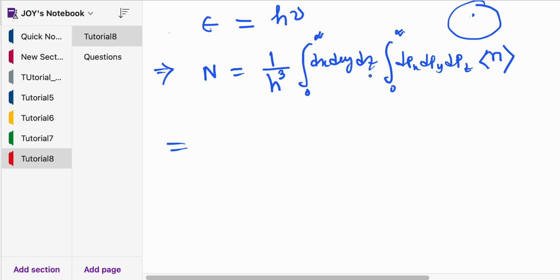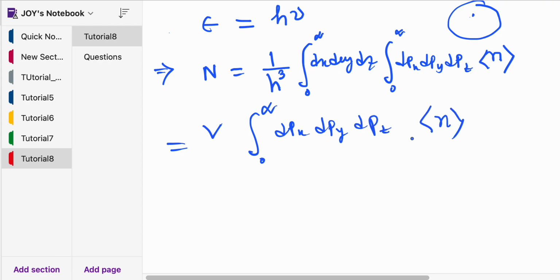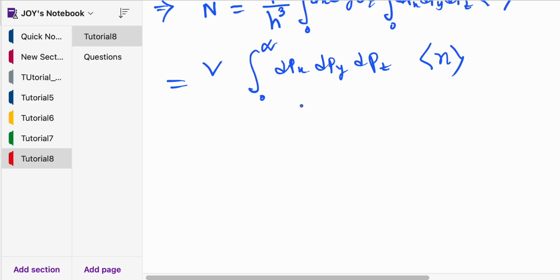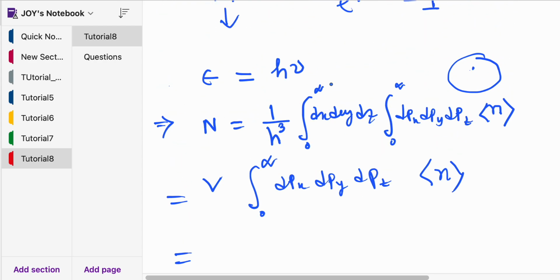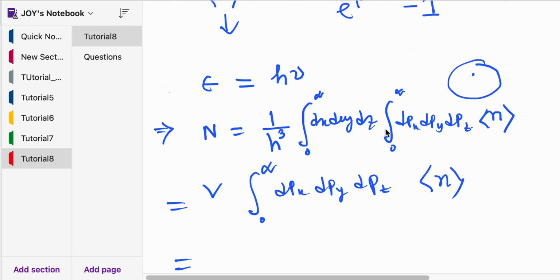Now this simply gives me the volume, dx dy dz, the total volume. Now we are left with the integral 0 to infinity dpx dpy dpz n. Now we know that this follows a spherical symmetry, and since photons have two independent polarization states, we also have to multiply by 2 here.